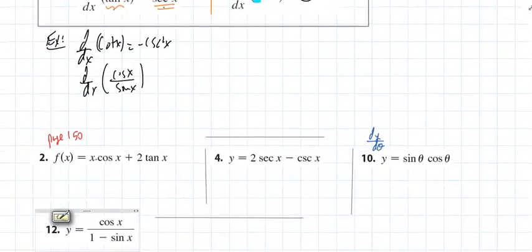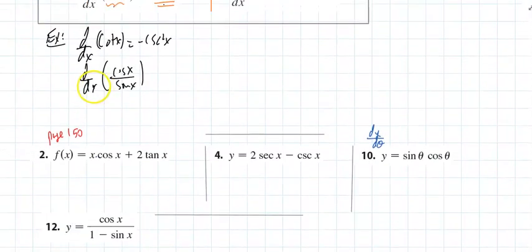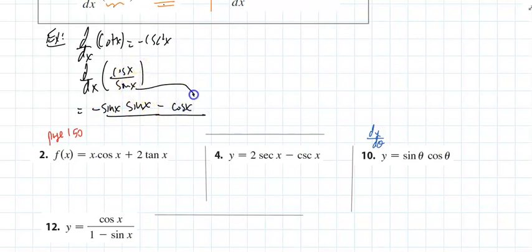oh boy, you see all the fun problems I'm going to do. I would say that would be the derivative of the top times the denominator minus the top times the derivative of the denominator, all over the denominator squared. Right?